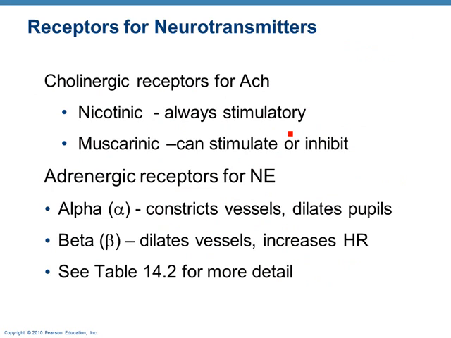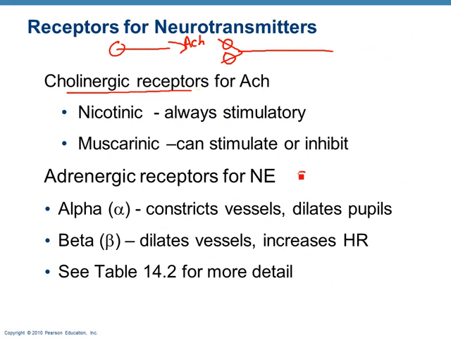When we talk about these cholinergic neurons, on the other side, they've got to have a receptor. This cholinergic fiber is releasing acetylcholine, so the receptor on this side must be an acetylcholine receptor, a cholinergic receptor. That makes sense?